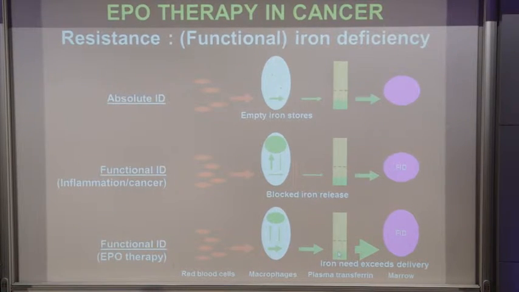And since demand exceeds the supply, that causes another type of functional iron deficiency. It can be assessed because transferrin saturation is below 20%. You can also assess it with other parameters.